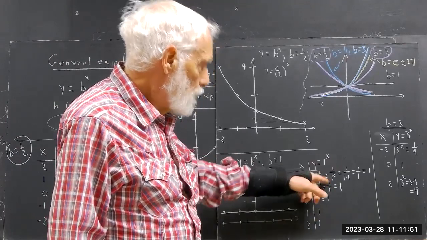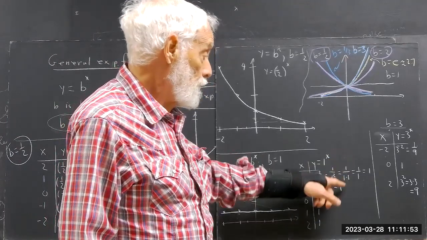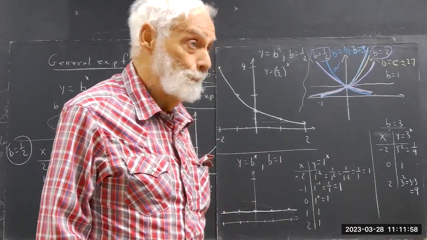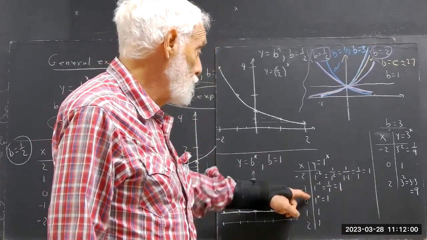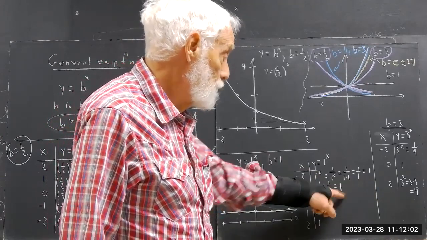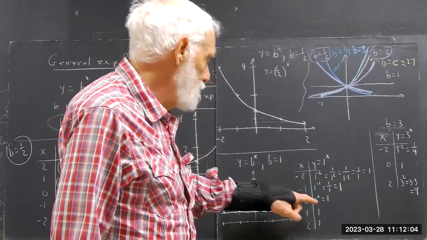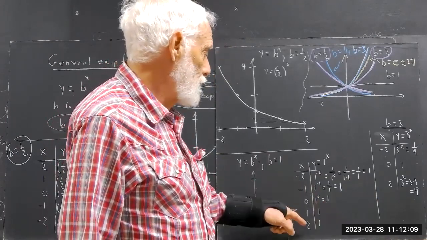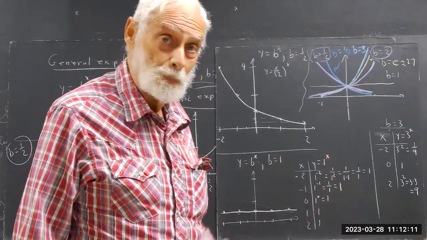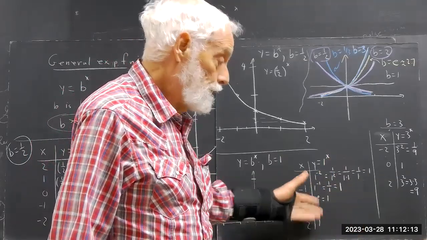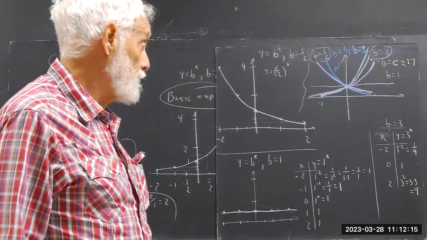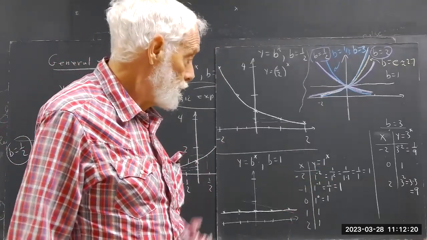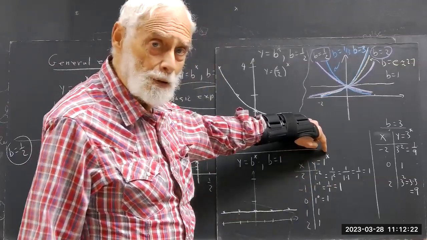It's 1 over 1 squared, which means 1 over 1 times 1, which means 1 over 1, which is 1. If x is -1, it means 1 to the -1, which is 1 over 1, which is 1. If x equals 0, it's 1 to the 0, which is 1. And 1 to the 1 is 1, and 1 to the second power is 1. I didn't write out the details there, but you should convince yourself that this thing is 1 for all these x values. And of course, 1 to any power is 1.